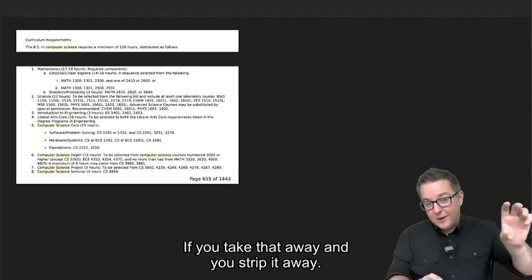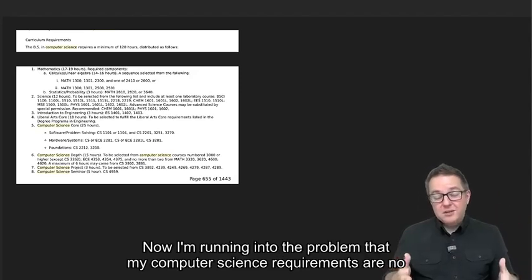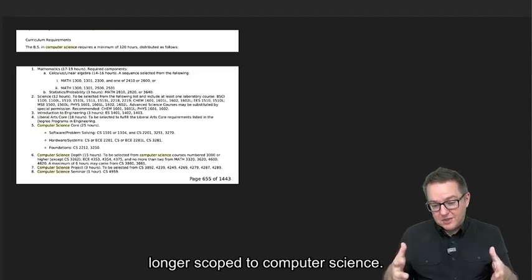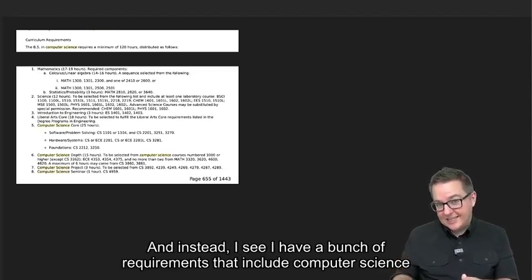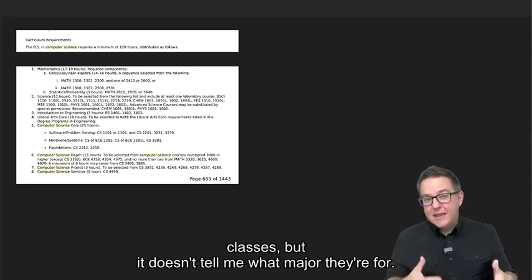If you strip it away, now my computer science requirements are no longer scoped to computer science, and instead I have a bunch of requirements that include computer science classes, but it doesn't tell me what major they're for.